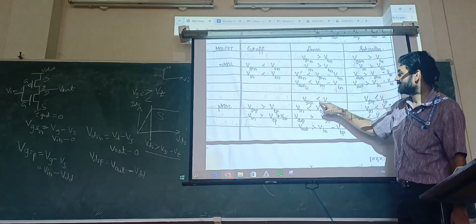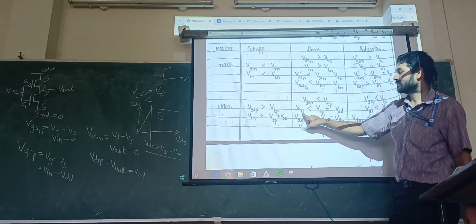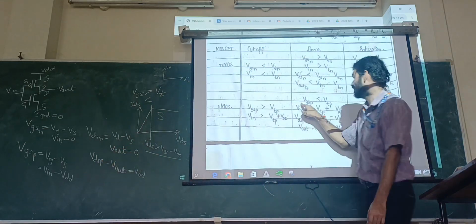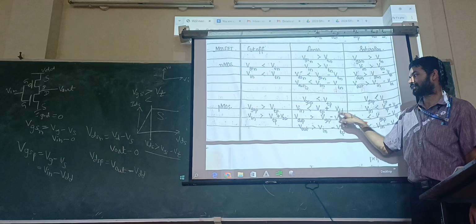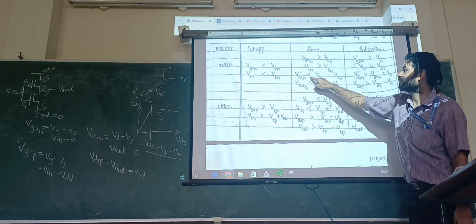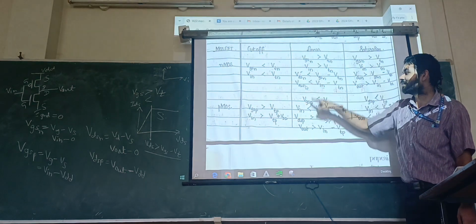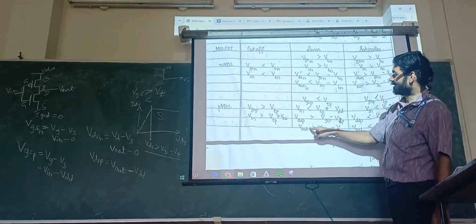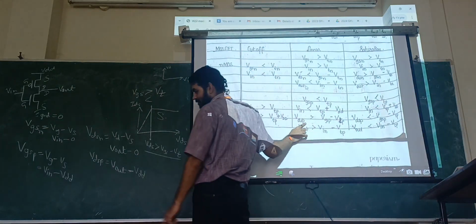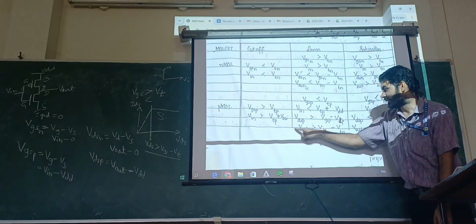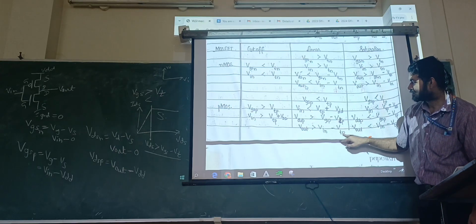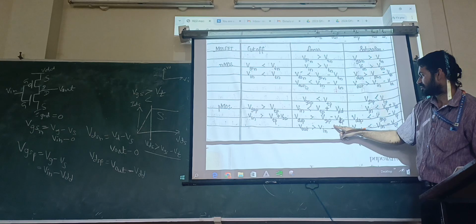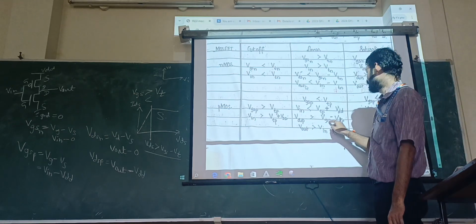Okay, VGSP less than VTP. Substitute. VGSP is V minus VDD. Minus VDD going to the other side becomes plus. Okay, this equation has to become greater than. Now substitute. VDSP is Vout minus VDD. Okay, greater than.